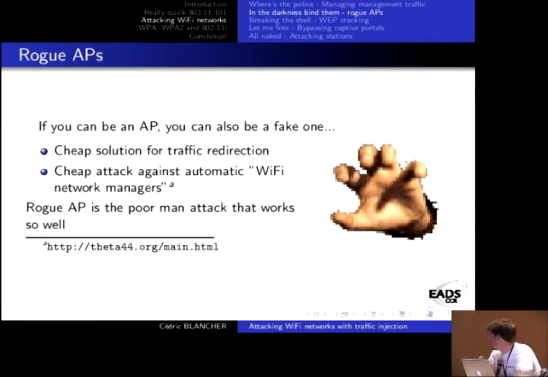So there's been a lot of work, so you can go to see this website. It's quite interesting with a tool called Karma, which is just a tool to listen to probe requests, so see to which AP people want to connect, and then fake them on the fly. So that's quite efficient, that's very easy to set up, and once people are connected to you, then you can just play with that traffic the way you want.